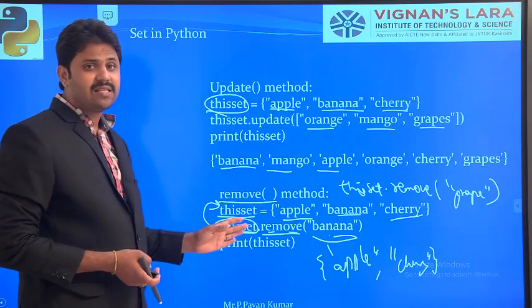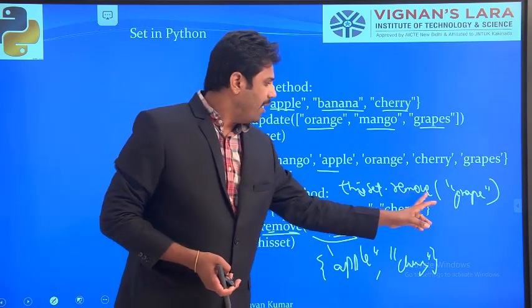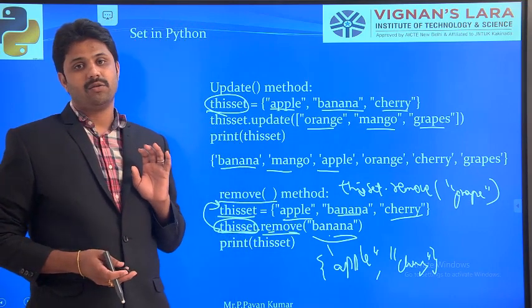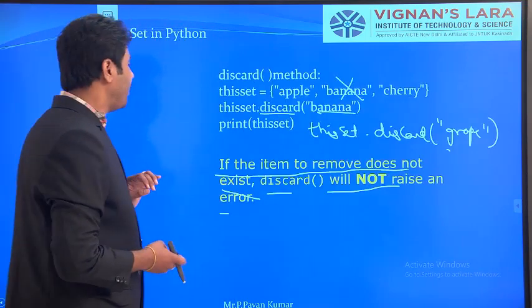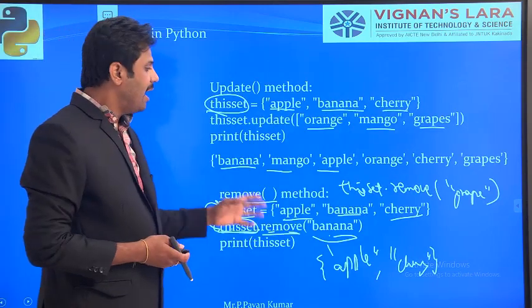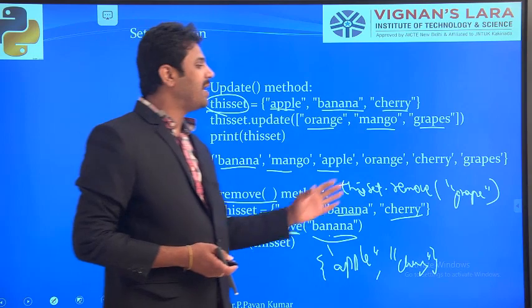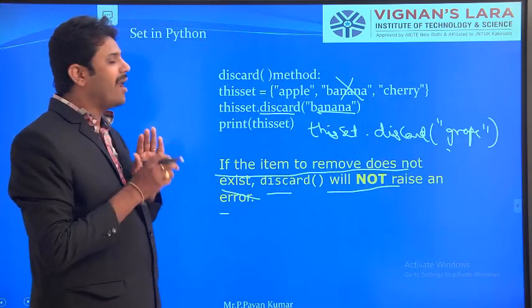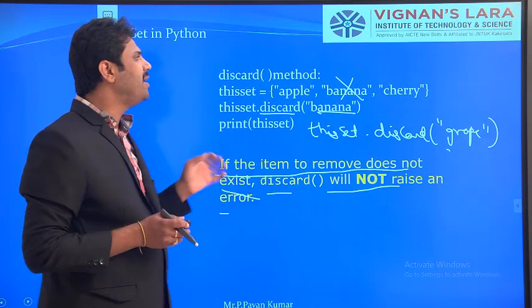In this case, remove, the system is going to generate an error message. That is the only difference between discard and remove. Here, an error message is generated if that element is not available in that set. Here, no error message is generated, it's simply discarded.